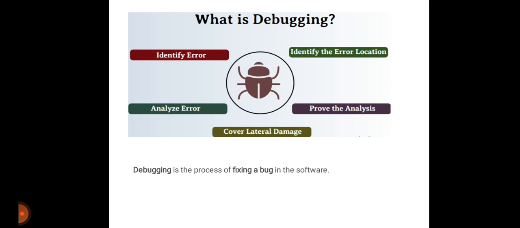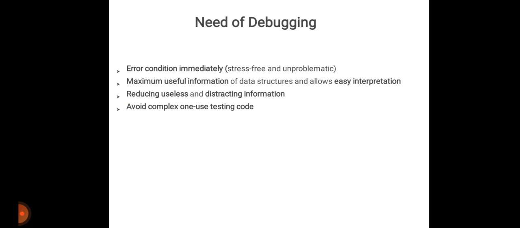Then we will see what is the need of debugging. Debugging begins as soon as the code of the software is written, and then it continues in successive stages as code is combined with other units of programming to form a software product.